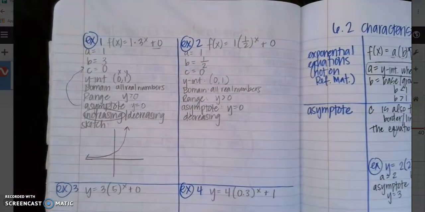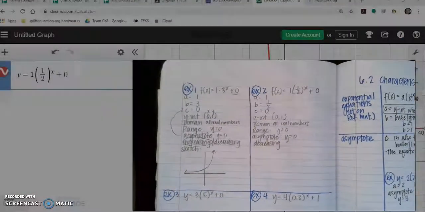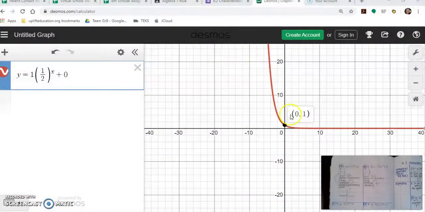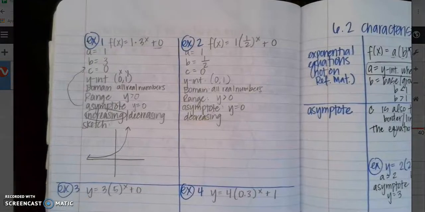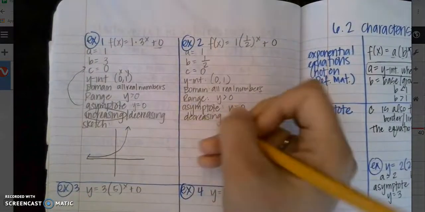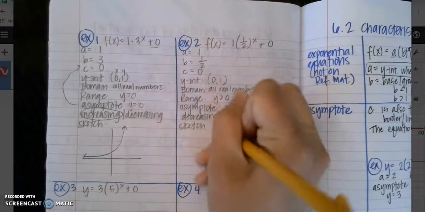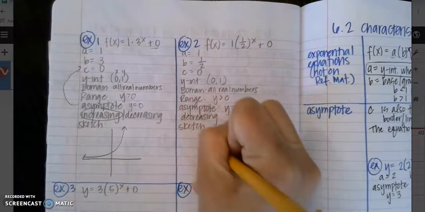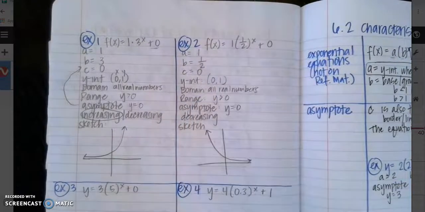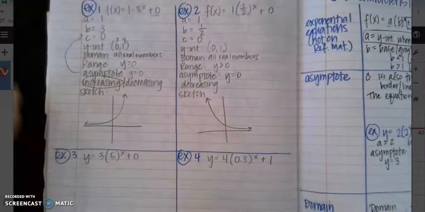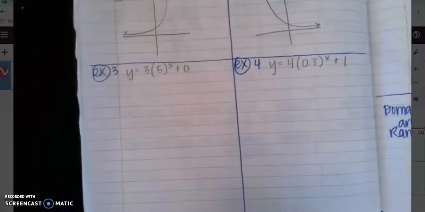It's decay. If I look back on my graph, it's decreasing from left to right. It's getting smaller. So this is a graph of decay. And then I'm going to draw a little sketch. My decay. Excellent.